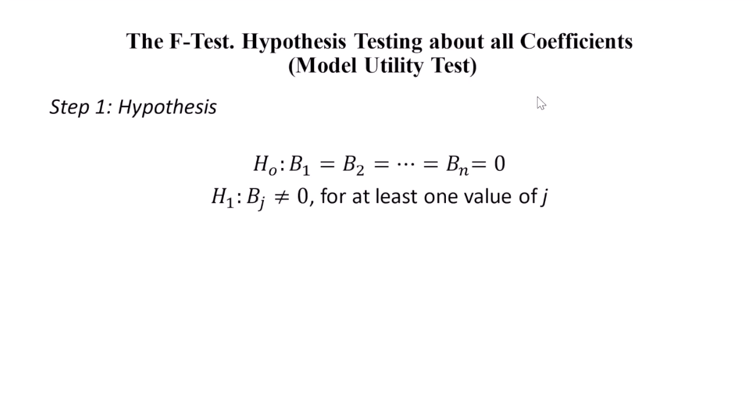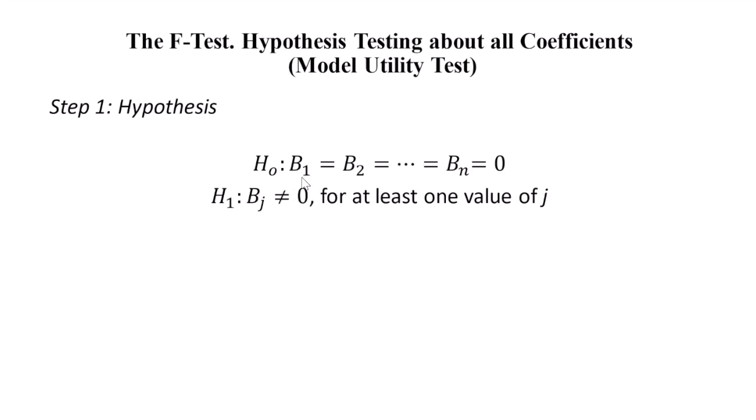The most important hypothesis test for the multiple linear regression analysis is the model utility test. So in this model utility test, we would conduct an F-test or an ANOVA to test the hypothesis, or to compare with a model with no independent variables.